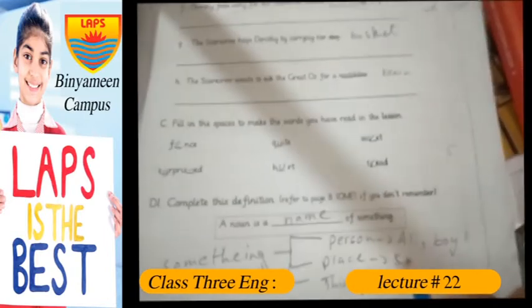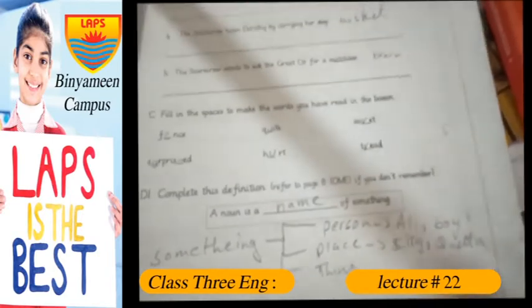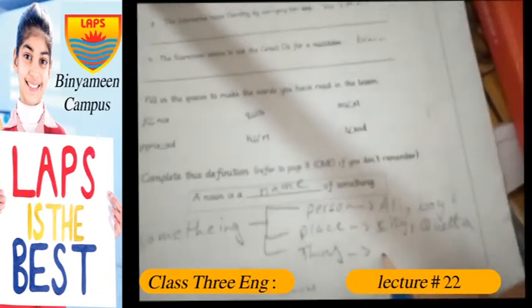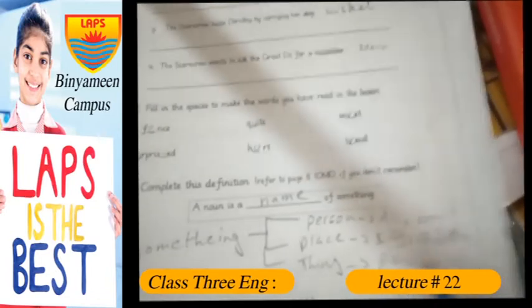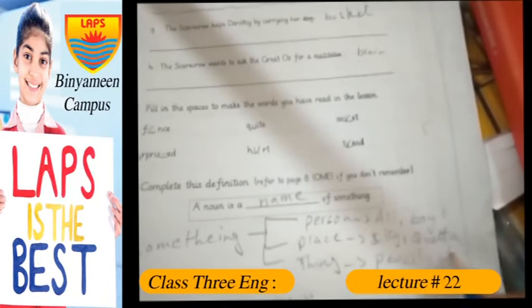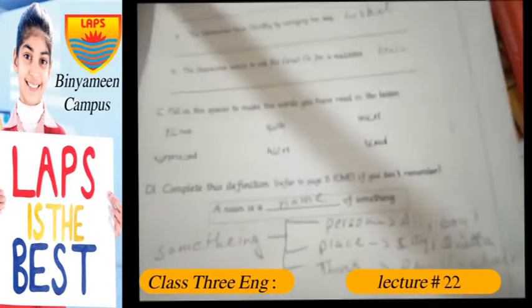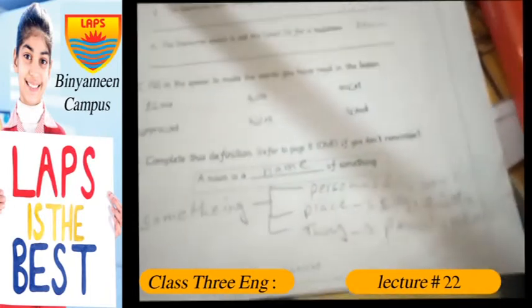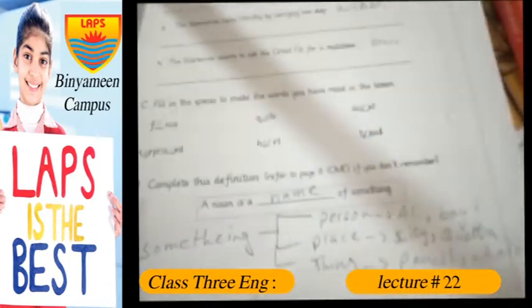If it is the name of a place, it could be city or Quetta. And for things, it could be pencil, chair, etc. So this was just for understanding and for delivering the concept only.